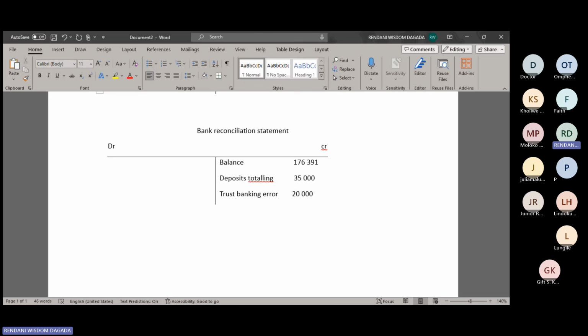So this was a payment, and we know that payments, they go on the debit side here. But this payment was an error, and we know that when we correct errors, we do them on the opposite side. Initially, the payment was supposed to come here, but since it's an error, we have to put it on the opposite side. We have to put it here on the credit side because it goes on the opposite side. All the errors go on the opposite side. Payment.